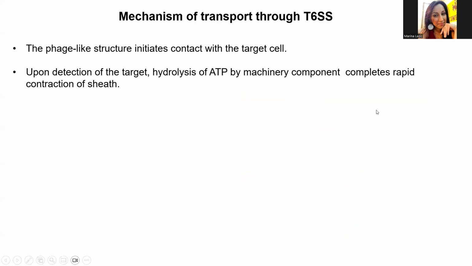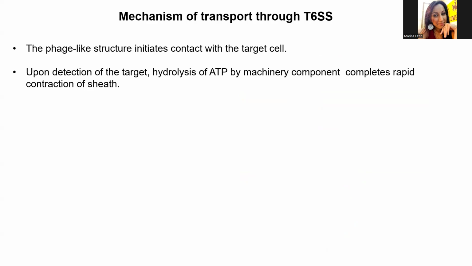Just briefly, the type 6 secretion system mechanism: this phage-like tail, that again looks like a needle to me, that's why it's very similar to type 3, will initiate contact with the target cell.